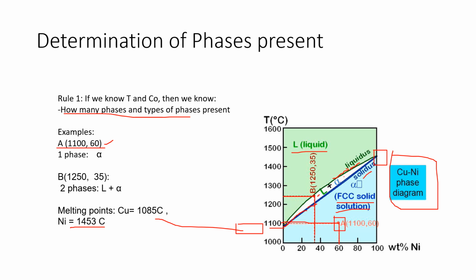Above 1453 degrees centigrade, nickel becomes completely liquid, while below this melting point, nickel is solid. Similarly, we can demonstrate the copper melting point. So both are mixed together. The weight percentage is shown on the horizontal axis, while temperature is shown on the vertical axis.